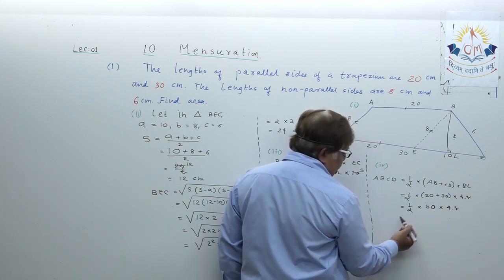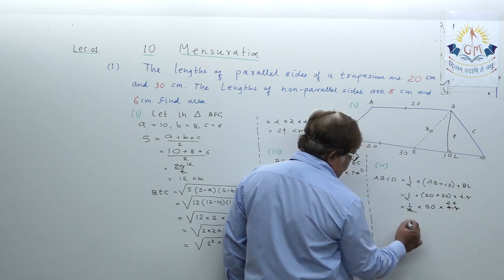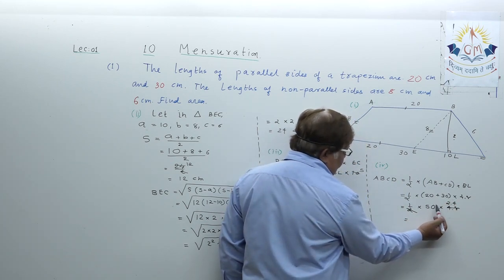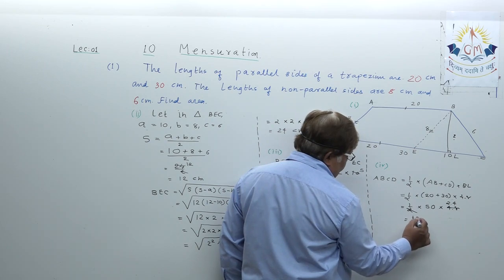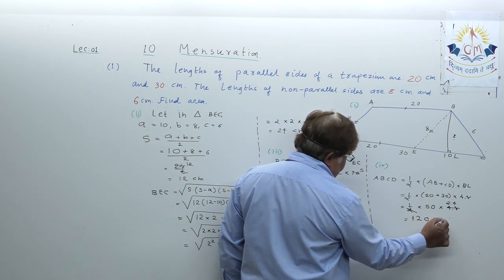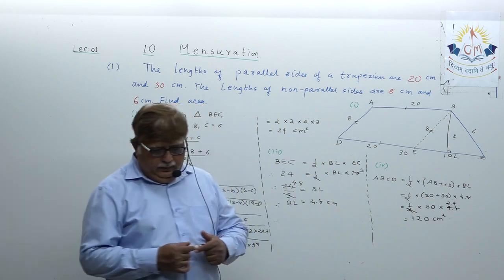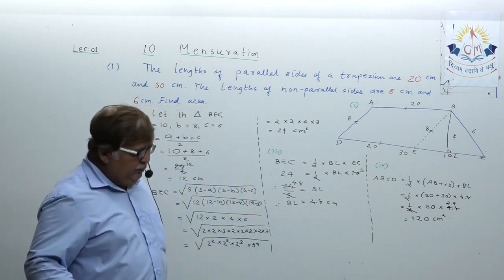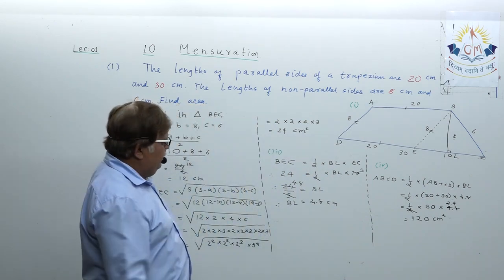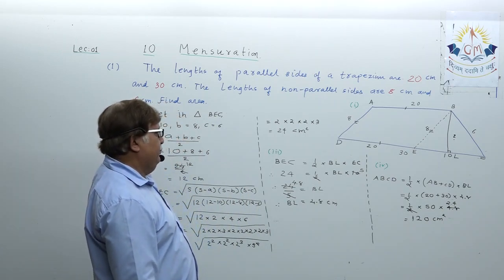Just cancel it, 2.4. Ultimately, upon 10 again, 24 5 ja 5, 4 ja 20, understand, 2, as you know, 120 square centimeter. Just tally the sum, understand, this is the way we can solve it.